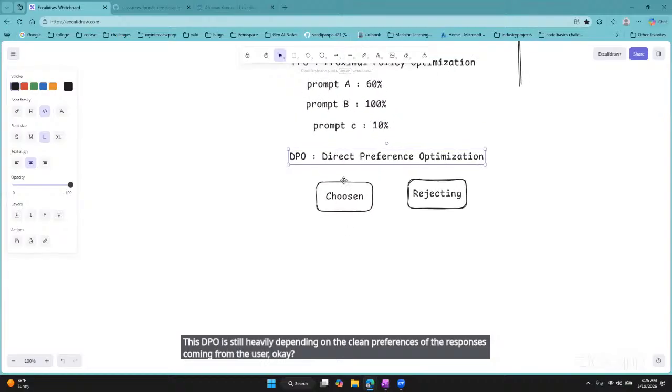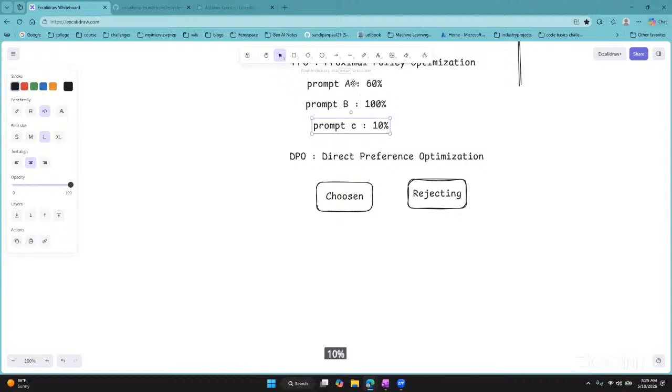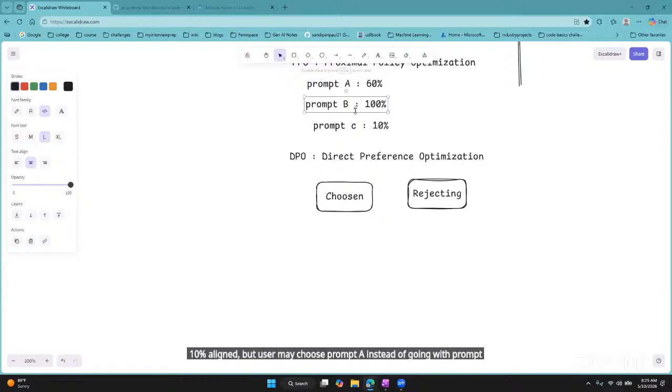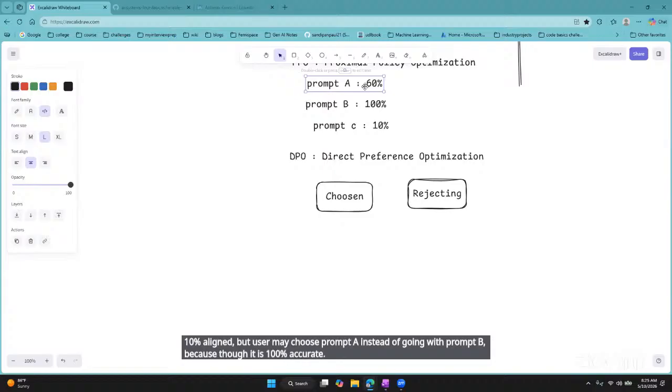Say you have prompt A, which is 60% aligned, prompt B, which is 100% aligned, and prompt C, which is 10% aligned. But the user might choose prompt A instead of prompt B, even though B is 100% accurate. So your alignment is only 60%. Then DPO should understand the pair of responses the user is looking into.